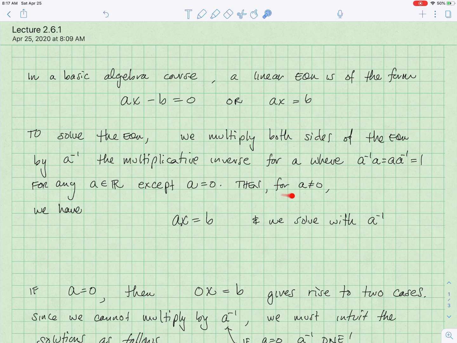And so then if we choose to make A not equal to 0, then we have the following: ax = b, and we can solve using A inverse. It looks a little bit like this. Let's see. We're going to take ax = b, and we'll multiply both sides of the equation by A inverse.